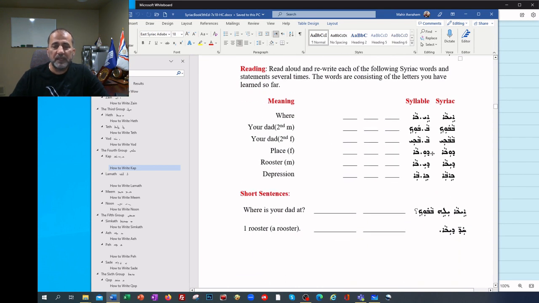The words containing the letters we covered so far: eka. Yod has no vowel, so it's going to join the first letter that has a vowel. Aleph has a vowel, so it's going to be eka.